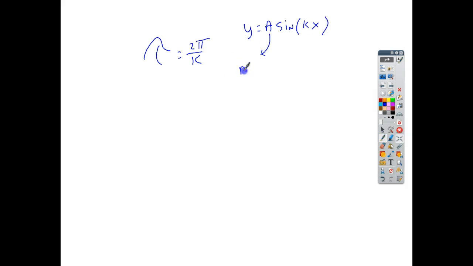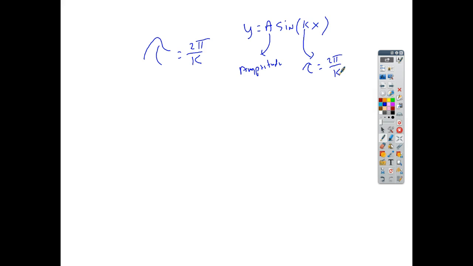The a tells me my amplitude, and I use k in the formula period equals 2 pi over k to determine my period. And k is that number that's in front of the x. That's it. It's called your angular velocity, but you don't need to know that because this is a trig class, and we just don't know things like that. We don't care. It's math. Just give me the math.